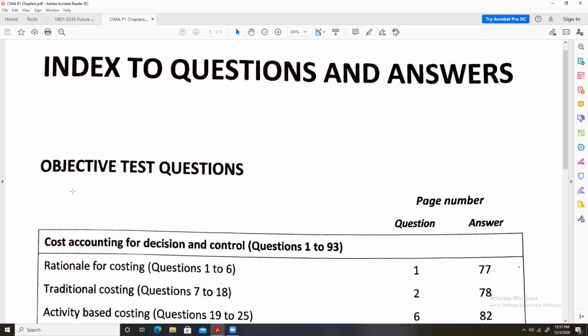Now, one thing that you need to understand about this P1 paper is that it is not like accounting standards. An accounting standard is a fixed criteria, like IAS 1, IAS 2. But in management accounting there are not many fixed criteria like in accounting standards.